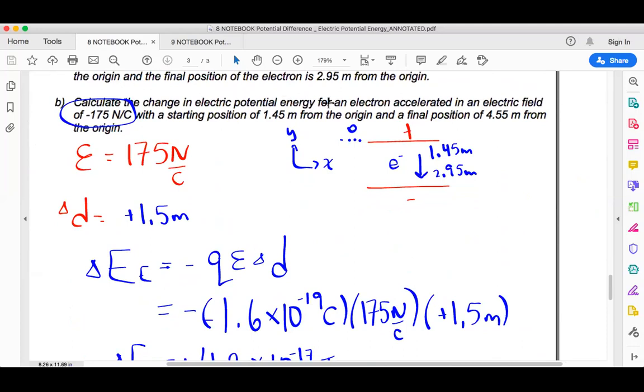Calculate the change in electric potential energy for an electron accelerated in an electric field of negative 175. So actually now we flipped these for part B. This is a good diagram for part A, but for part B, we flipped these, and epsilon is now pointing upwards and the electron is moving downwards.